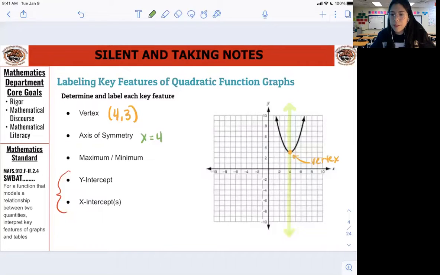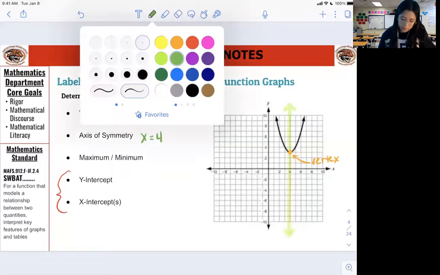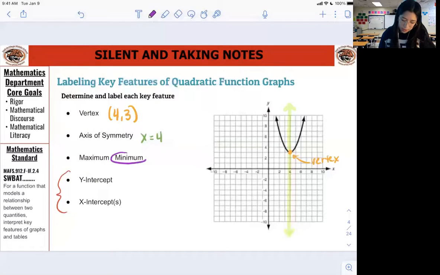So go ahead, if you haven't sent it yet, send it now. All right, Samantha, do I have a maximum or do I have a minimum? Minimum. I have a minimum, good. Remember, it's at the same exact place as the vertex. I have a minimum, and where is the minimum located?